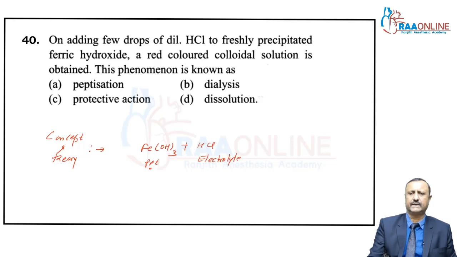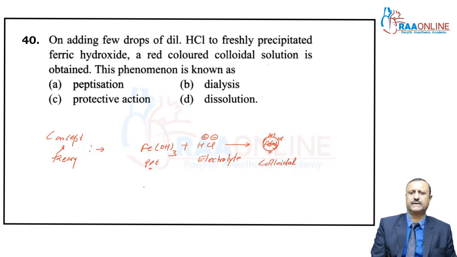When this electrolyte is added, the ferric hydroxide precipitate absorbs these ions, and when it absorbs the H plus ions, it is converted to positively charged colloidal particles. So, it is converted to a colloidal solution.